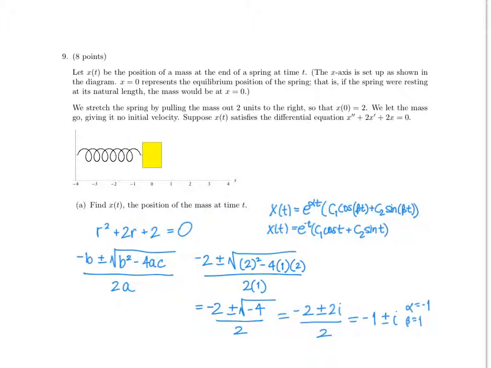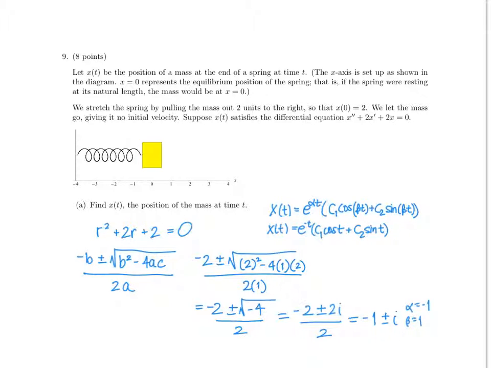Well, the fact of the matter is that not only were we given the differential equation that governs the motion of this spring, but we were also given the spring's initial position and the spring's initial velocity. So we should have no constants left unsolved for. We should be able to solve explicitly for the specific function x that gives this spring's position at time t.